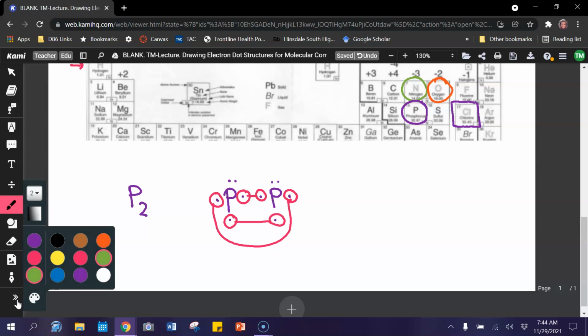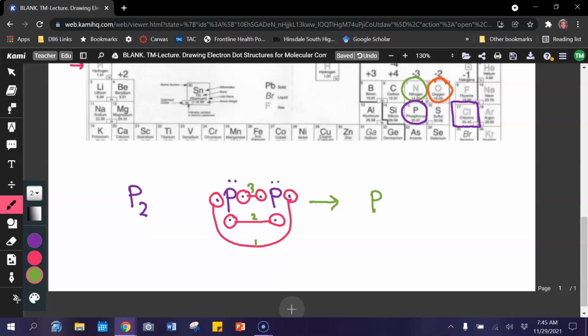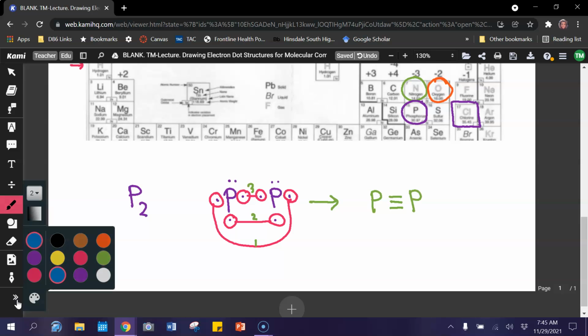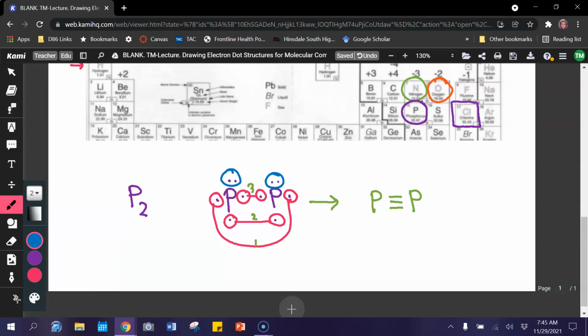You can see that I have 1, 2, 3 connections between my 2 phosphorus atoms, and if I redraw this, I'm just going to include my 3 connections in the middle. And I can't forget to add my lone pairs at the top of each phosphorus.